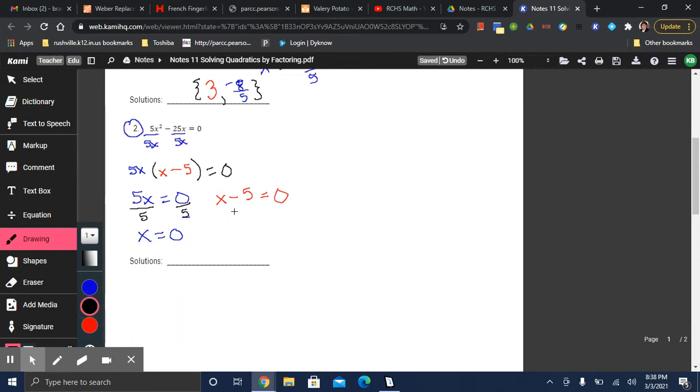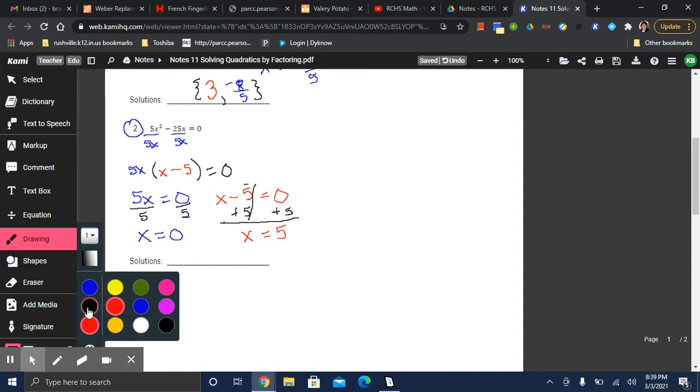On the other factor, I had x minus 5. I can add 5 to both sides of the equal sign, and the 5's will cancel, and that will leave me with x equals, and then 0 plus 5 is 5. So again, I had an x squared term, and I ended up with 2 solutions.